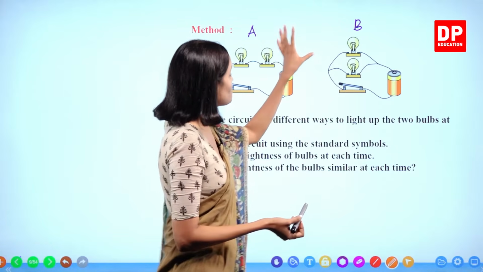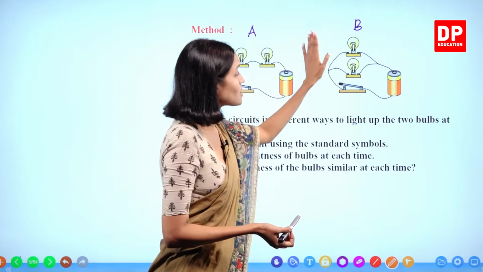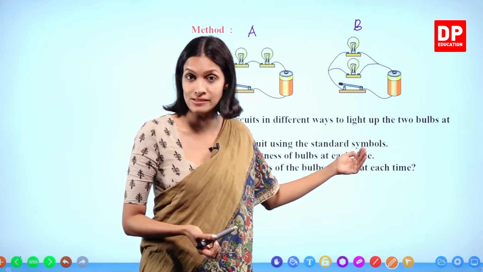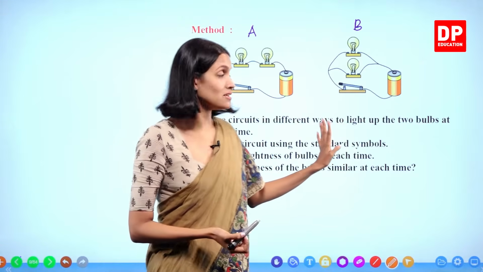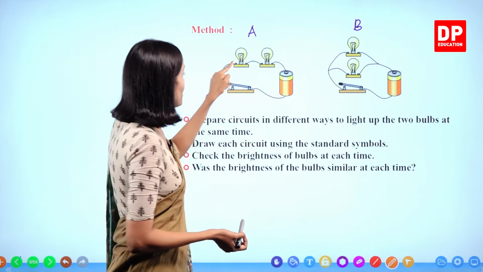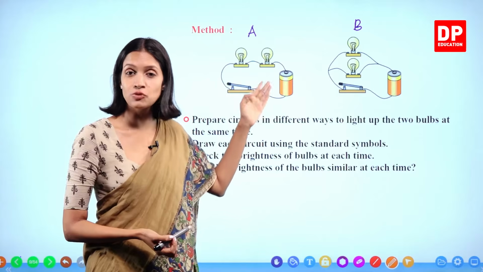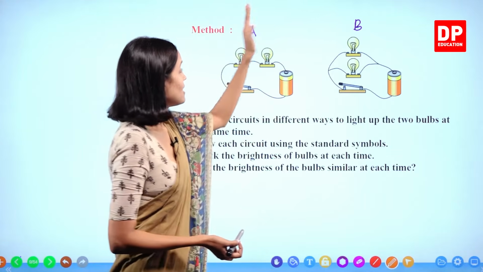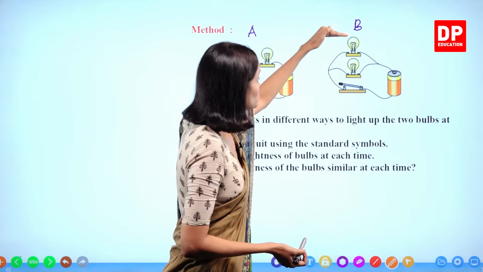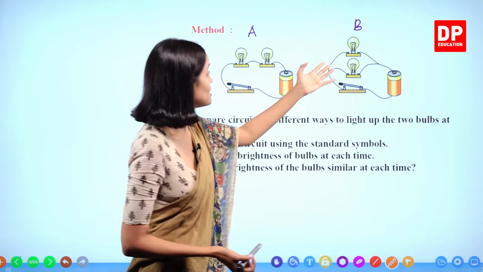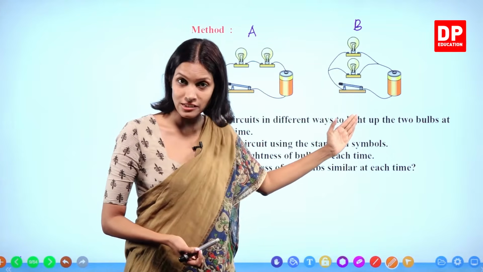If we connect bulbs in this way, this type of connection is known as a parallel connection. Right, children? If we connect the bulbs in the same line, that is known as a series connection. And if the bulbs are parallel to each other, that type of connection is known as a parallel connection.